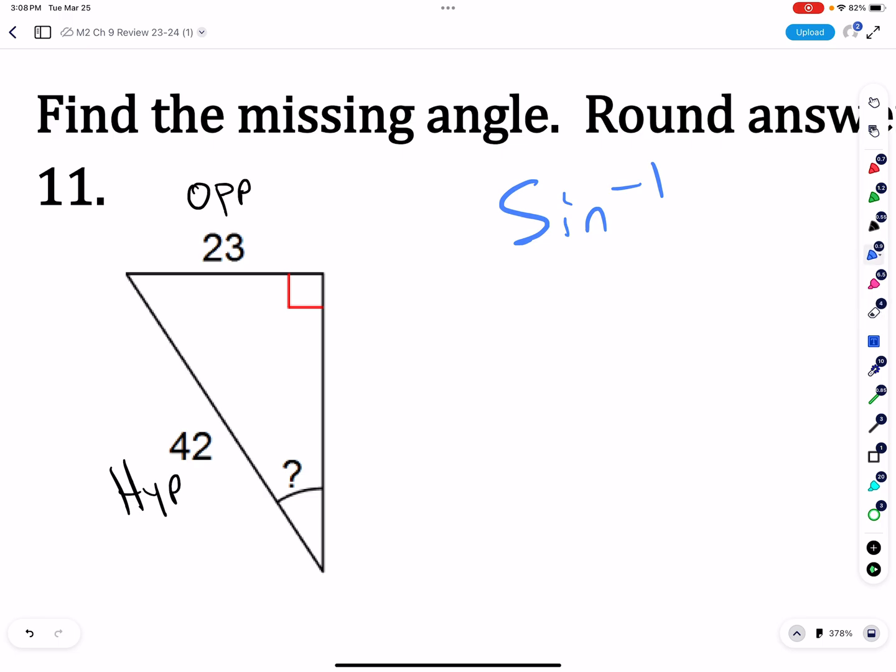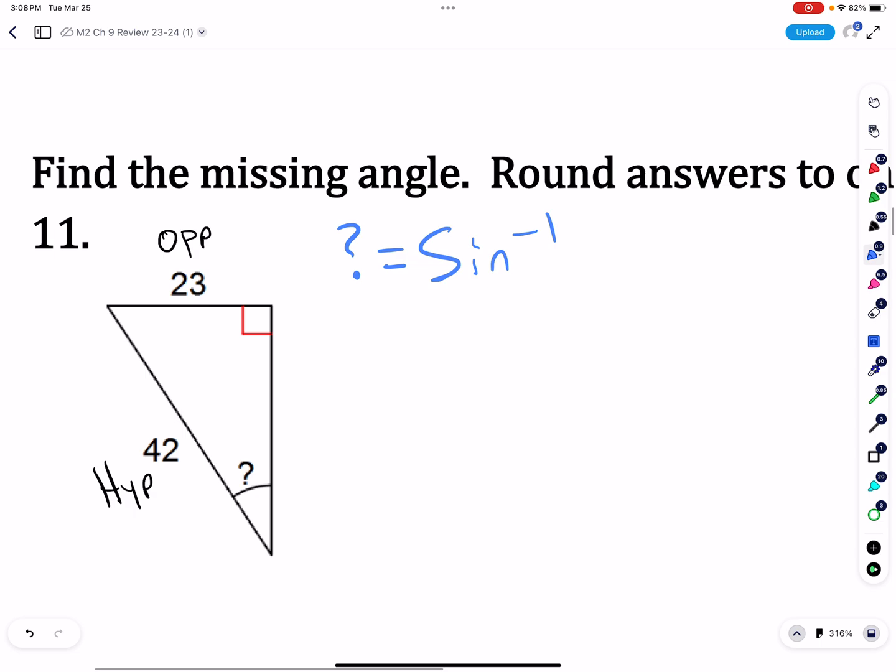Okay, so our missing angle, the question mark, is equal to the inverse of sine of the sine fraction, which is 23 over 42 in this case. And the nice thing about solving for an angle is that pretty much all of it's calculator work.